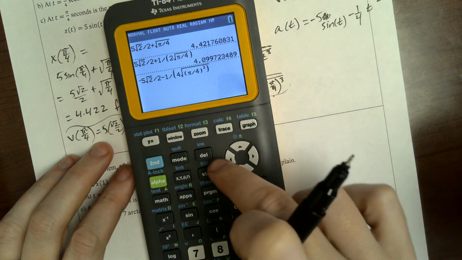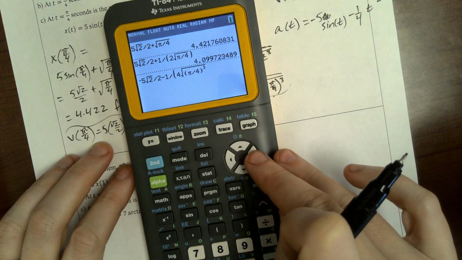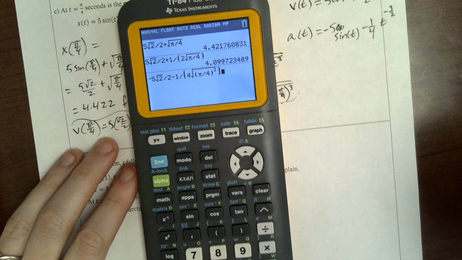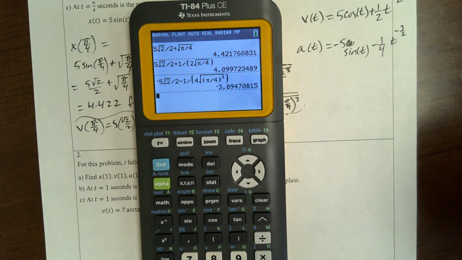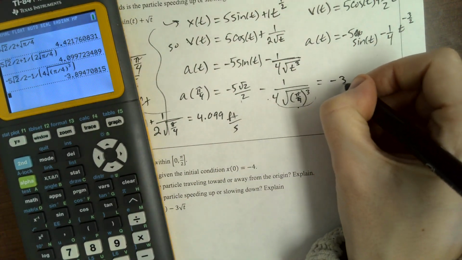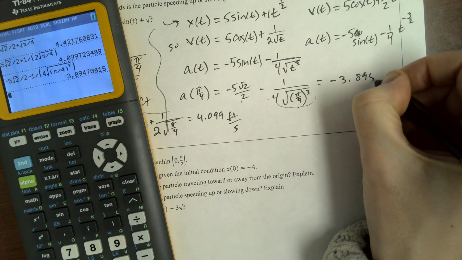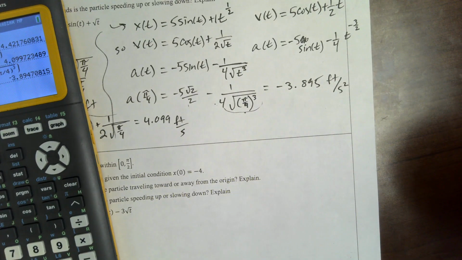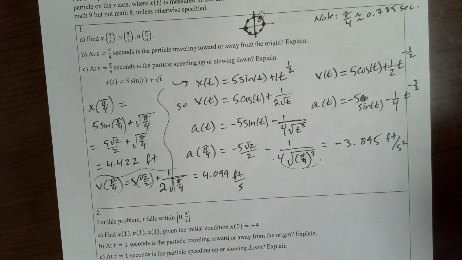Yeah, and you could have used alpha y equals also for the fraction. But guys, you should be following along and we should get that same number. And it is negative 5 feet per second squared. Okay, so we found all three of those things.